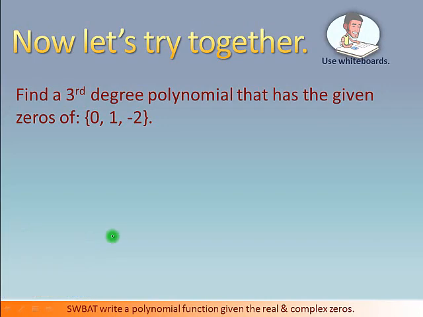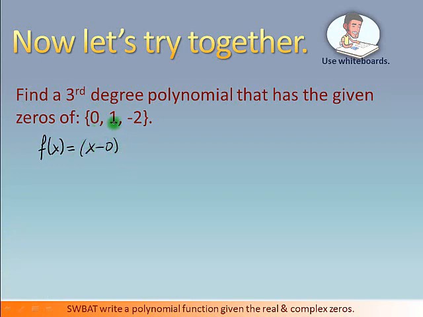Okay, since we're given these zeros, we have to think about what factors they represent. Let's name our function f of x. This first zero is where the graph crosses the x-axis, but as a factor, it would be represented by x minus 0.